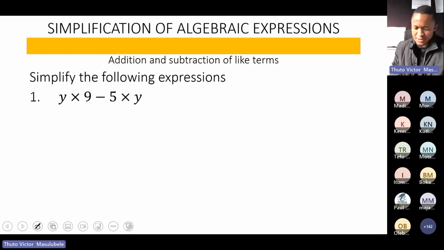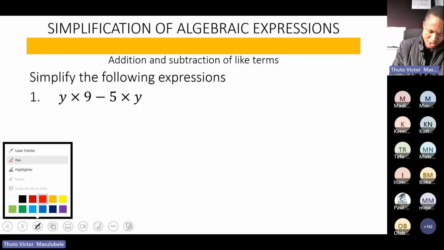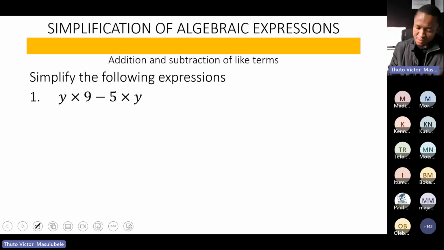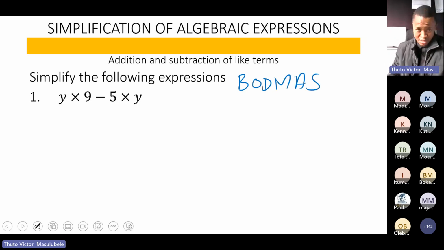Now let us proceed. Now that we have formulated algebraic expressions, it's time for us to simplify these algebraic expressions. Simplifying simply means that we make the expression simpler. In order for us to simplify this particular expression, always remember the golden rule of mathematics, and that is BODMAS.